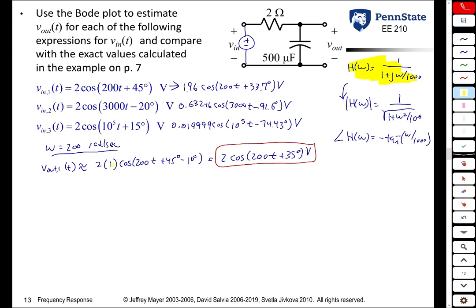Once again, this value here and here came from the Bode plot on the next page. If you compare this with the exact value, you see that it's close, but it's not exact. But it's a very quick approximation.